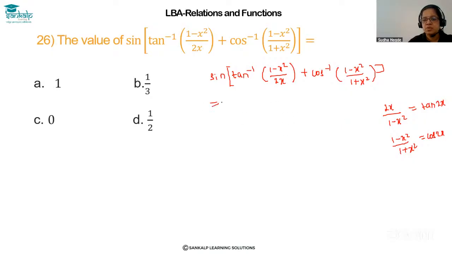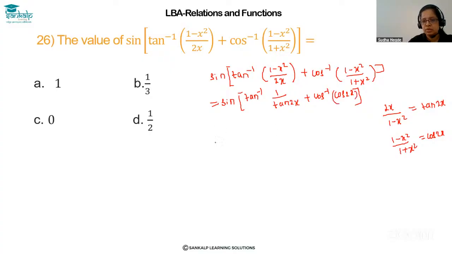Therefore, sine of tan inverse, the reciprocal of this is there. So I am writing it as 1 by tan 2x plus cos inverse cos 2x. Okay, you have proved already, so take directly.